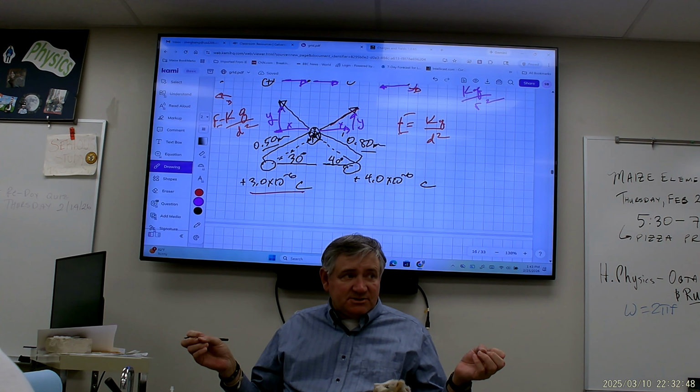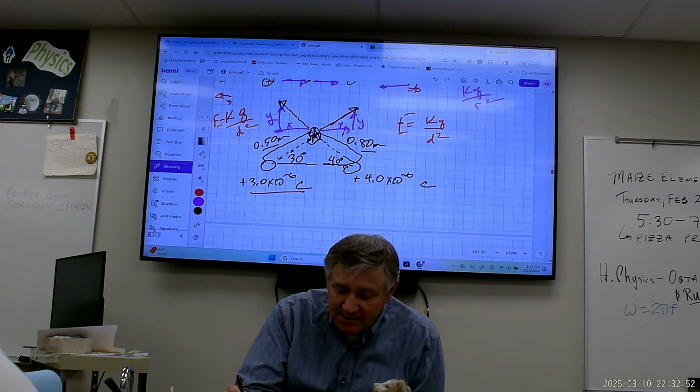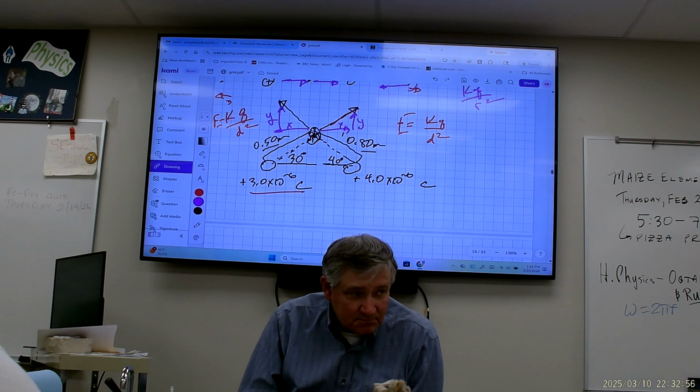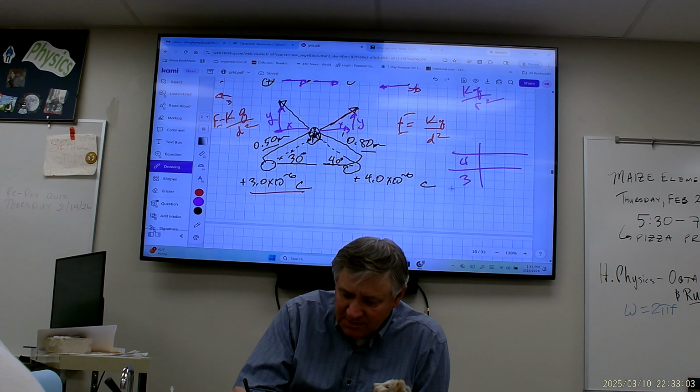You don't have that situation. But here's the bigger thought: are the X components going to have opposite signs? Definitely. So if you were to set up a chart, you go, okay, here's that 4 coulomb, here's that 3 coulomb, and here's the sum.